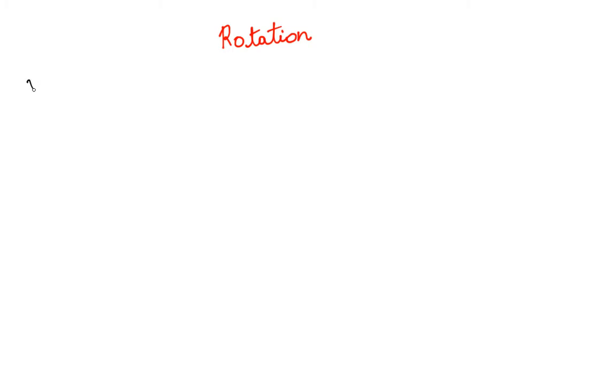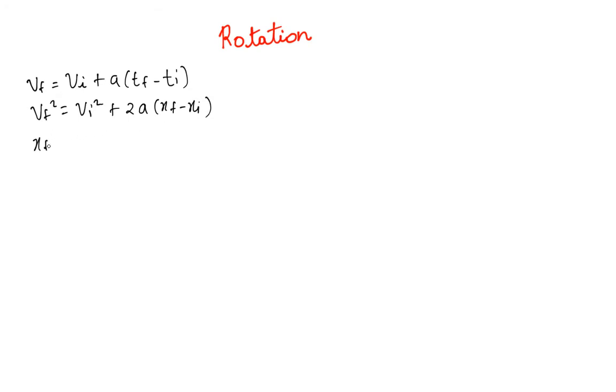And if we remember it properly, they were Vf equals Vi plus a (tf minus ti), Vf squared equals Vi squared plus 2a (xf minus xi), and xf equals xi plus half a (tf minus ti) squared.